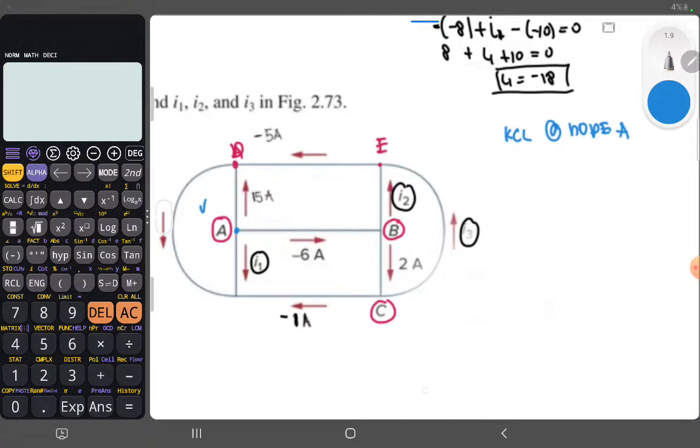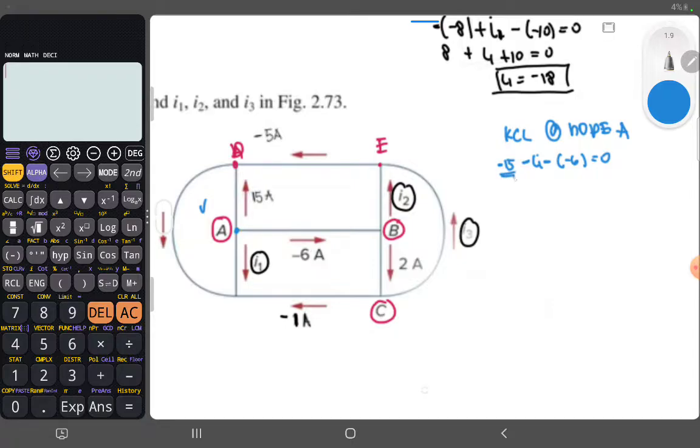So yung 15 ampere ko palabas siya, this is negative 15. Then palabas yung ating I1, this is negative I1. And then, yung ating negative 6 ampere is palabas din. Okay? So, palabas siya. So, this is negative. So, negative 6 ampere equals 0.